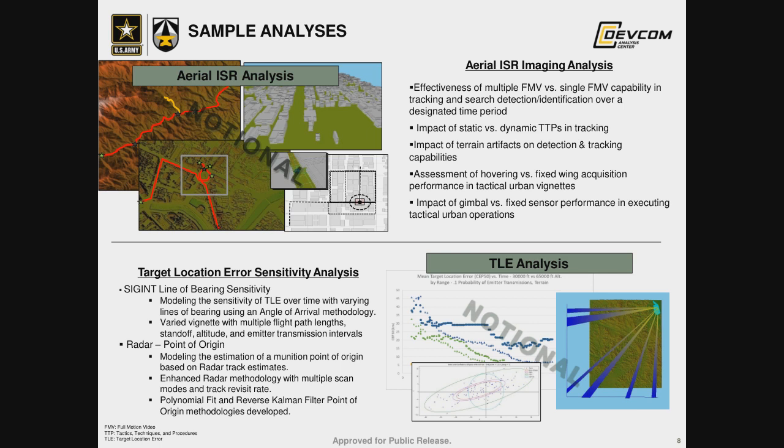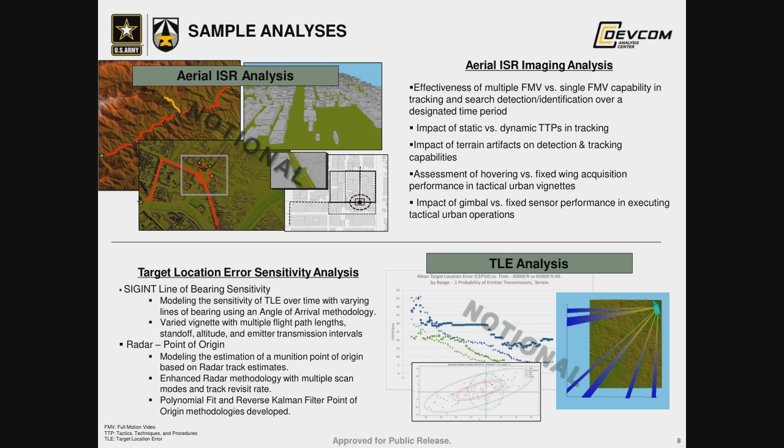And we're doing a sensitivity analysis on having multiple flight path lengths. What was your standoff? What is your altitude? How often is the emitter actually transmitting? Those sorts of things. We've also looked at radar point of origin type target location error.